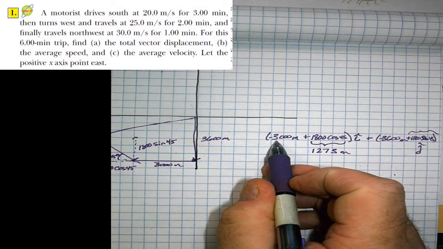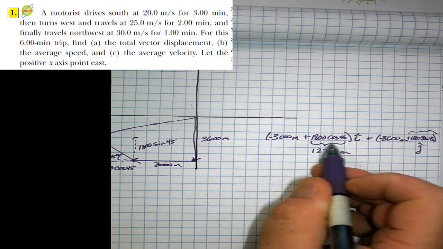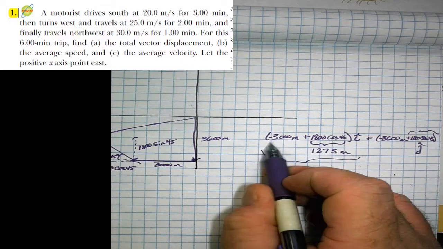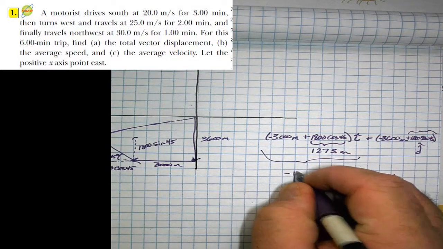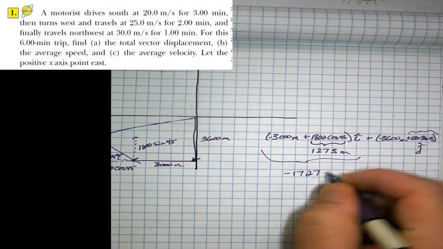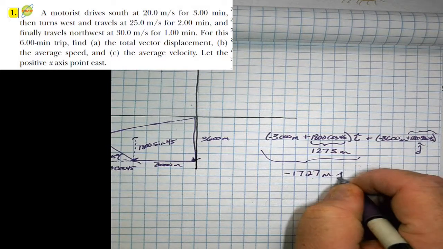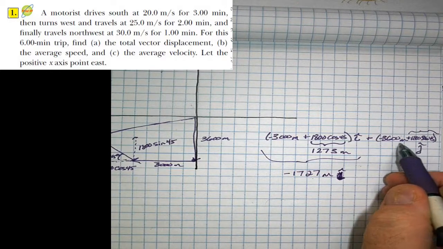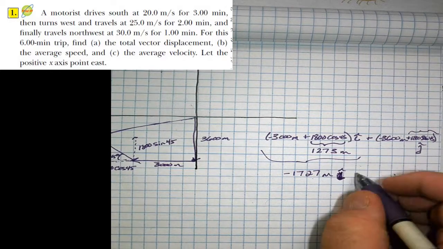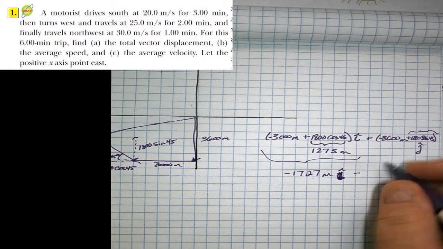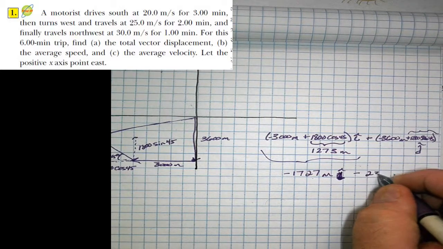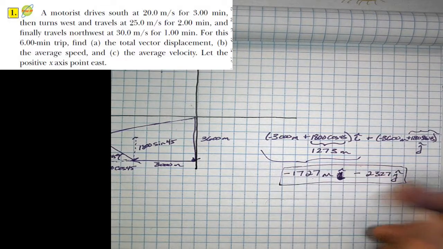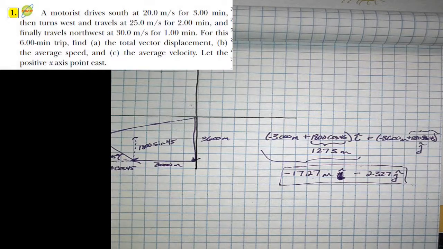So our i hat direction is going to wind up being 1,273 minus 3,000, which is negative 1,727 meters i hat. And then it's another 600 meters more than that in j hat, so a negative 2,327 j hat. Okay, that would be the total vector displacement.